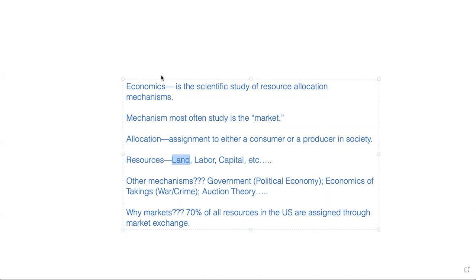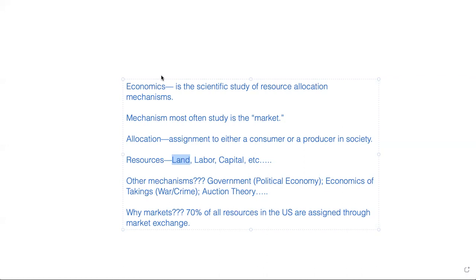But I also want to point out that when we talk about mineral resources like oil, or agricultural resources like growing vegetables and fruits or grain, those are all what economists generally consider land, or products of the land, right? So it doesn't have to be bare land, it's land.